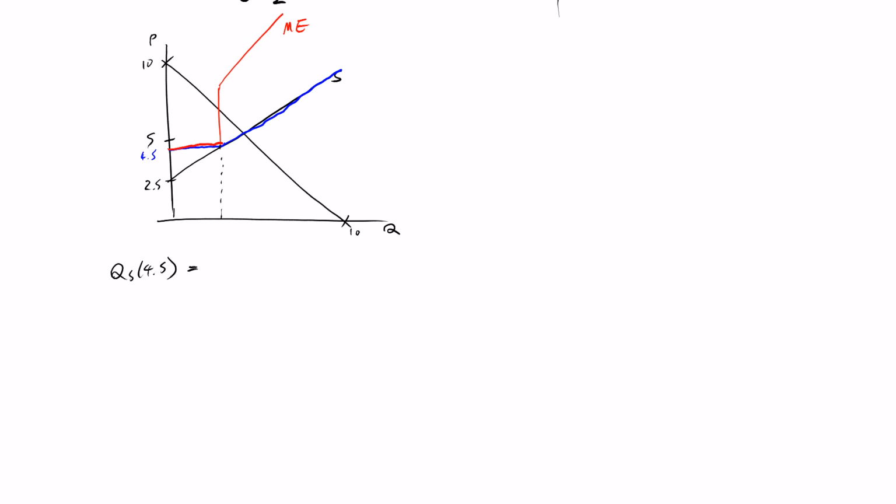Well, we know that's 2 times 4.5 minus 5, that's 4. If you only pay $4.5, you would have 4 workers willing to work for that salary. Okay, 4.